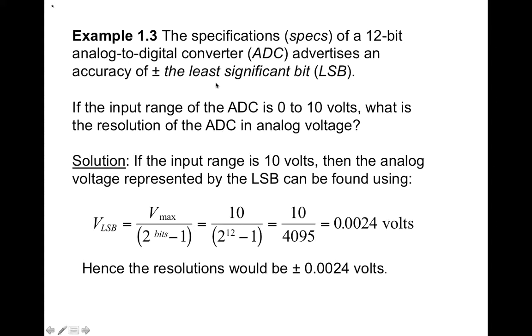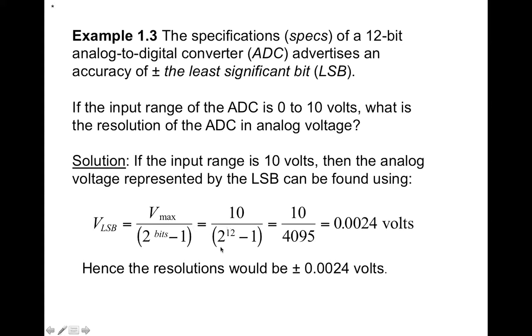So, for example, the specifications of a 12-bit analog to digital converter advertise an accuracy of plus or minus the least significant bit. If we have a range of 0 to 10 volts, what's the resolution of that analog to digital converter in analog voltage? If our input range is 10 volts, then we can figure out what the least significant bit means by taking 10 over 2 to the number of bits minus 1.